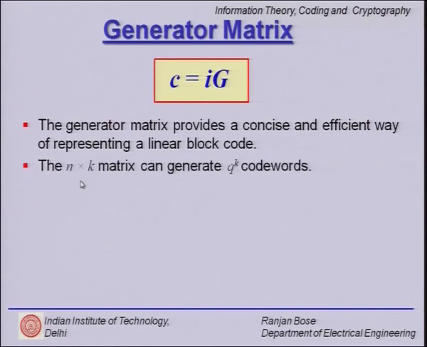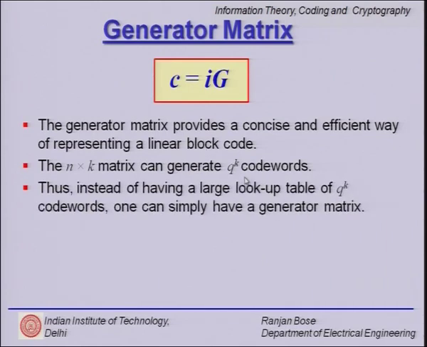The k cross n matrix can generate q raised to k code words in general. We're talking about a non-binary general case here, so the elements of the code word could be 0, 1, 2, 3 up to q minus 1. So instead of having a very large lookup table of q raised to k code words, one can simply have a much shorter generator matrix.